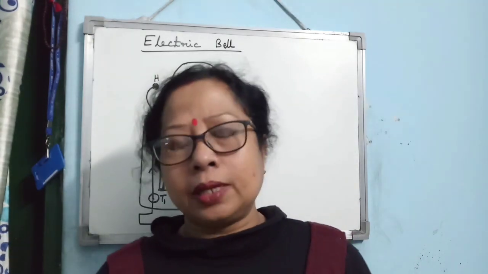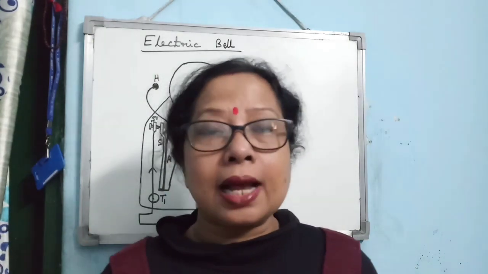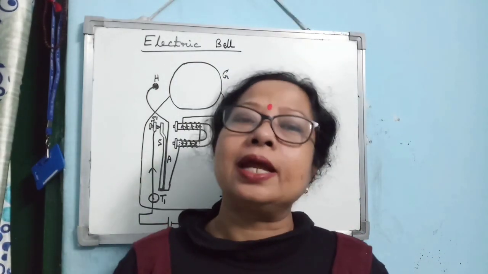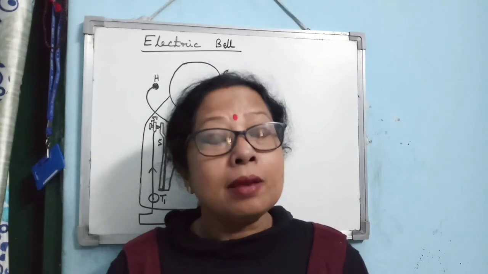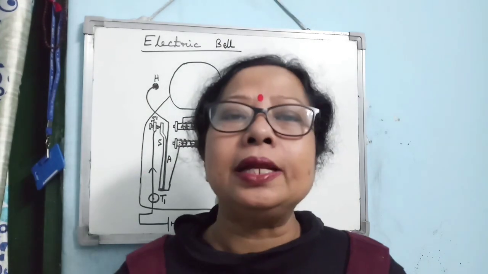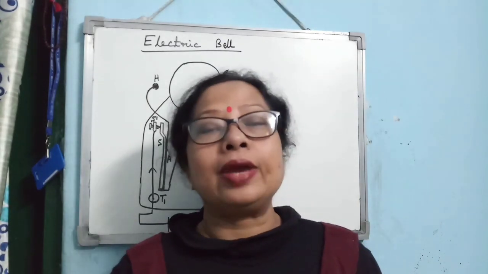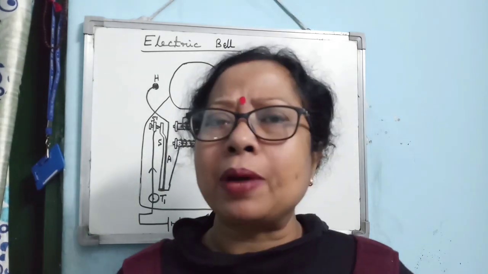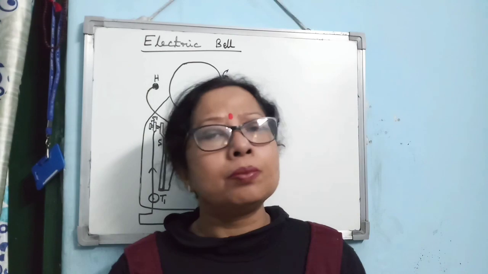Instead of any other material, if you use soft iron, then the strength of the electromagnet becomes maximum, because the magnetic permeability of soft iron is very high. As you do not know the term magnetic permeability, you do not have to mention it in your board exam.